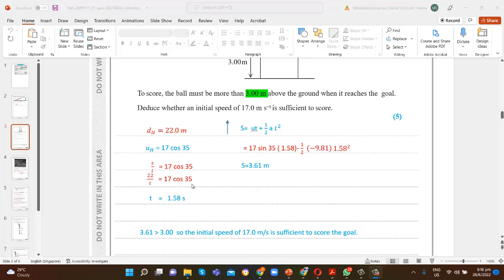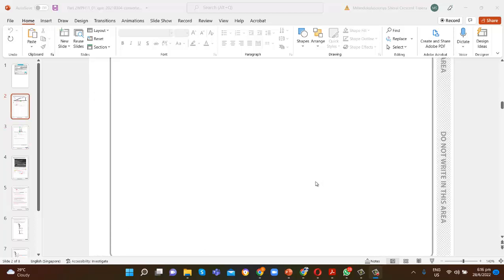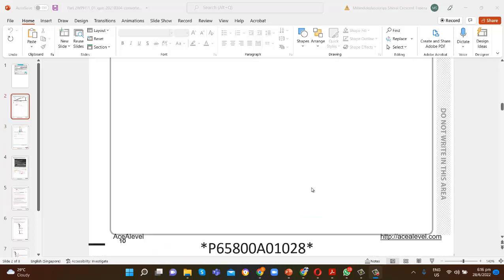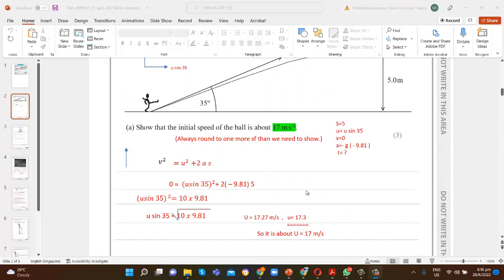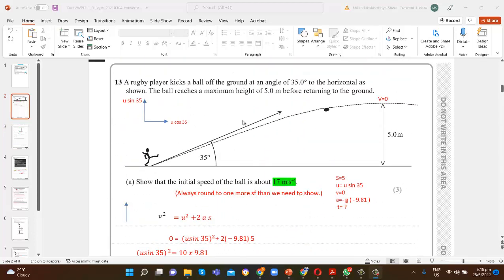Now see, you have to find t. Look at the diagram. From here to here, the t and the horizontal t is the same. So the first thing is you have to find the time taken using u cos 35, then you will find t. That t is the same as the t we want in the vertical direction.